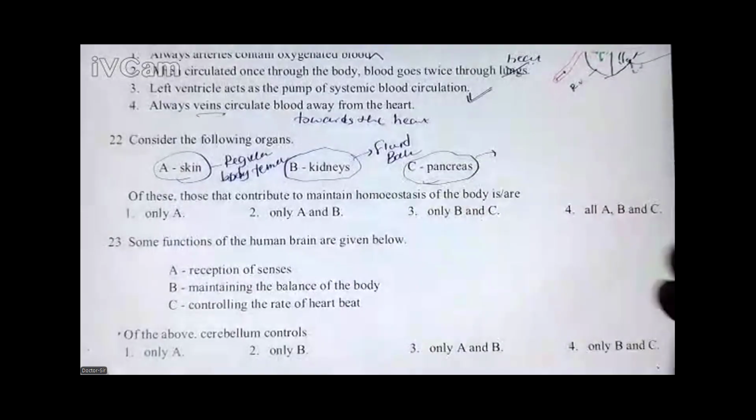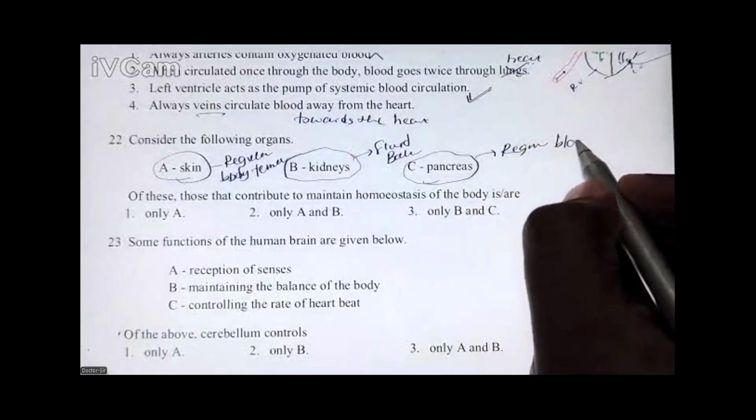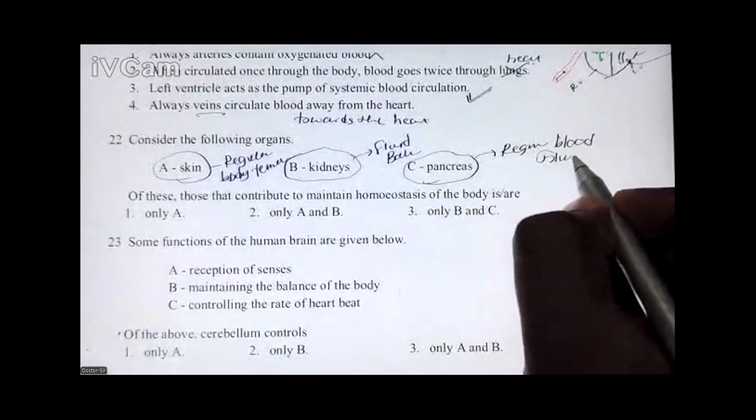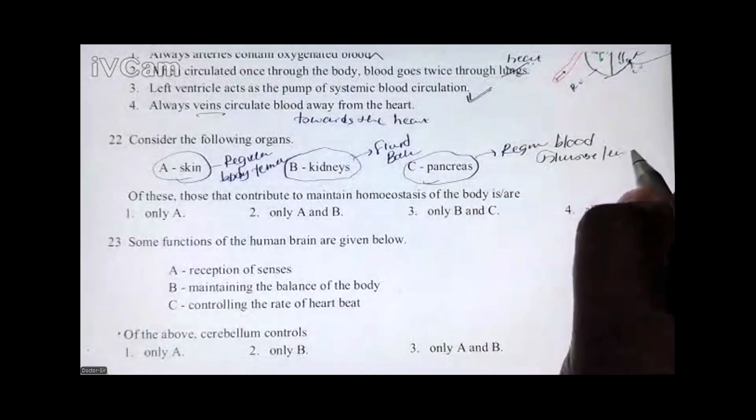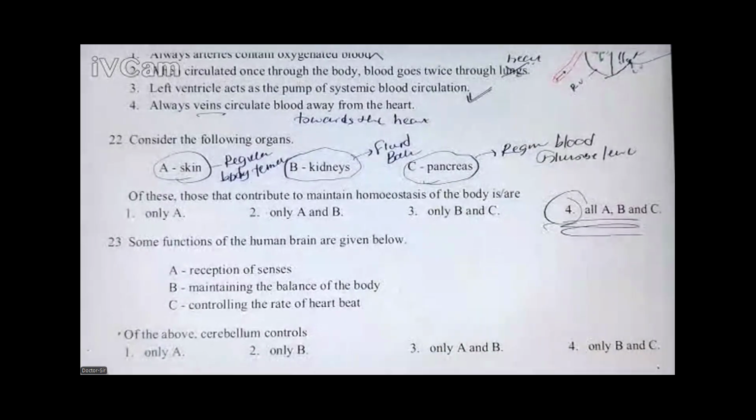Pancreas regulates our blood glucose level. So all these three are very important to homeostasis. Homeostasis means the balance that forms in our body, they maintain this balance.